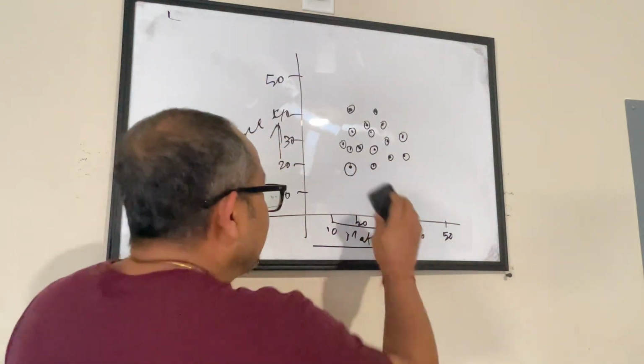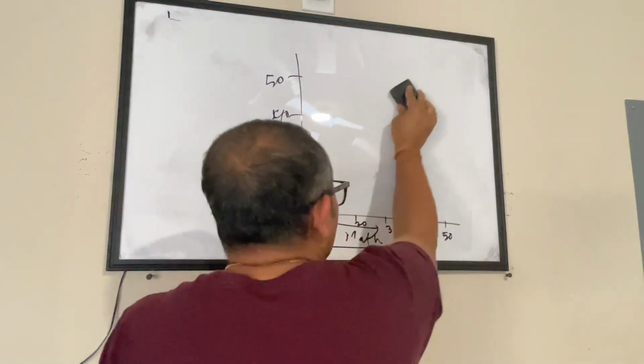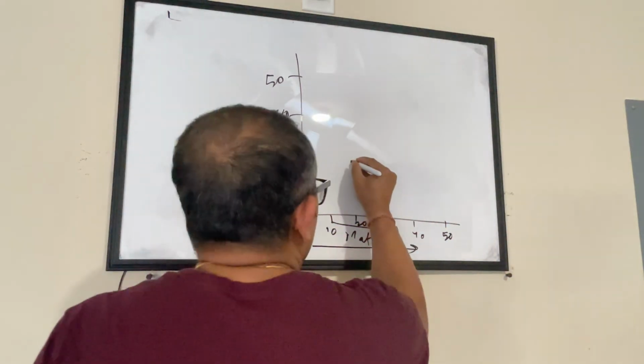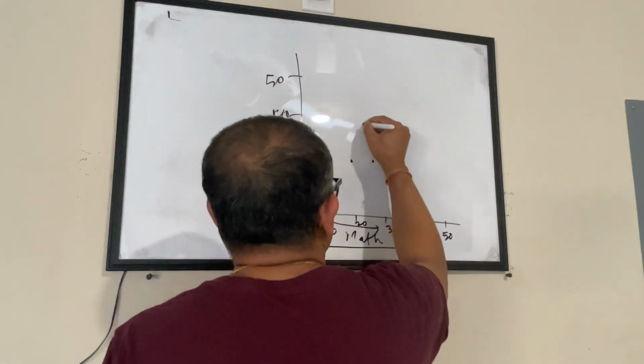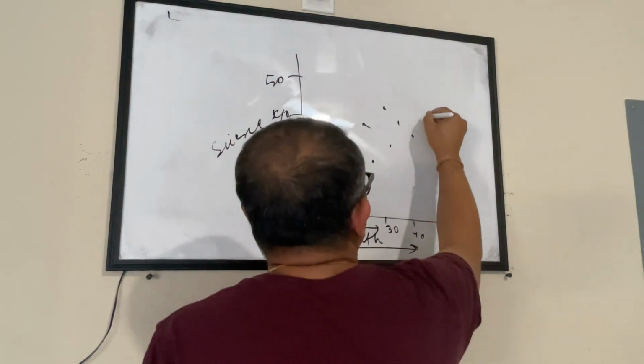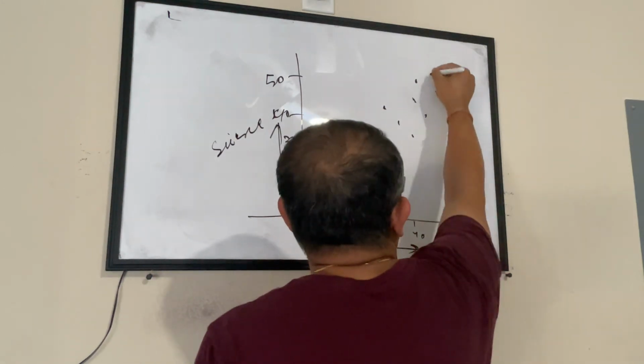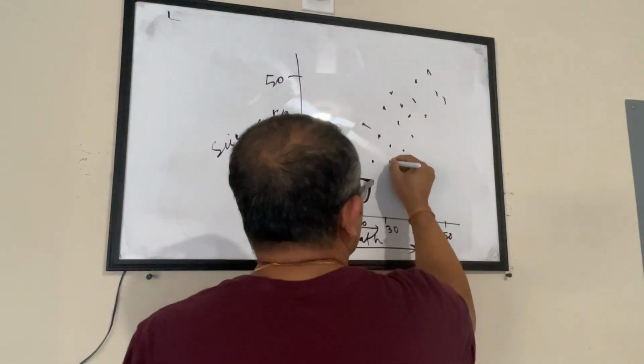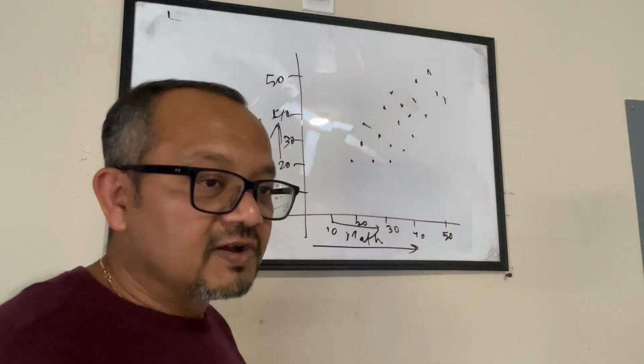Now, let's say Vivan was feeling bad about the class. Now, I will put those points. These are the 20 points for the class. Vivan, do you feel better now?